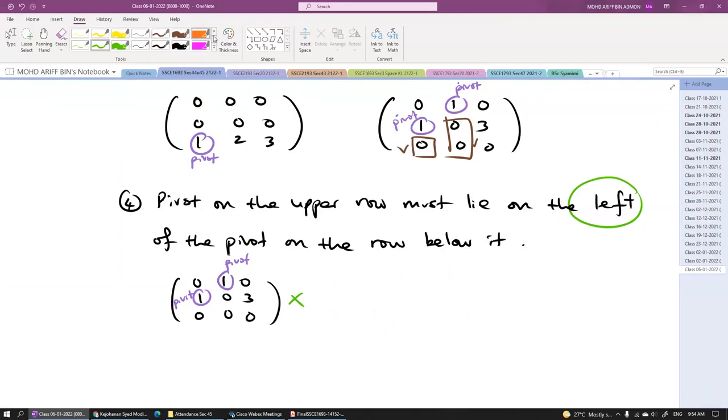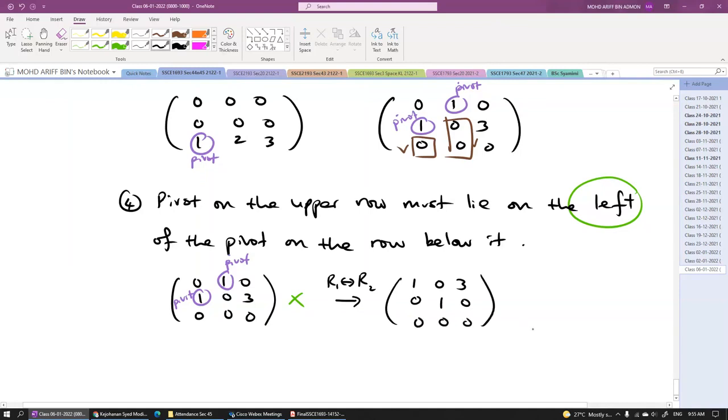So how can we make it satisfy condition number 4? We just interchange the positions. Let's say row 1 interchanging with row 2. So if we interchange, we get 1 0 3, 0 1 0, 0 0 0. Now take a look here.